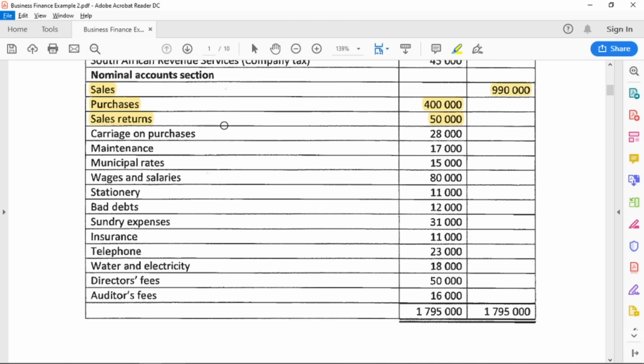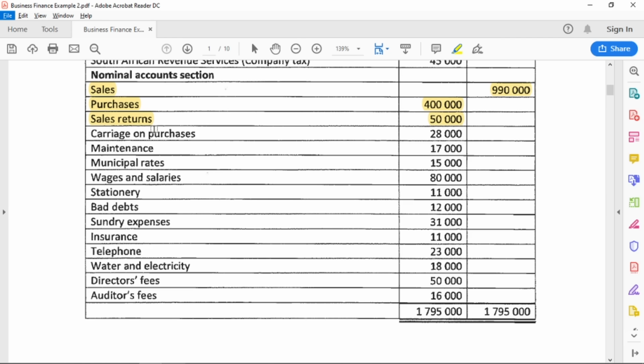Now that I've done purchases, here we are given carriage on purchases. Very important with this one: whatever cost we incur in order to bring our inventory into a position where we are able to sell it, we have to include as part of our inventory cost. Let me repeat that. Whatever cost we incur in order for us to bring our inventory to a point where we are able to sell it, we include it as part of our inventory cost.